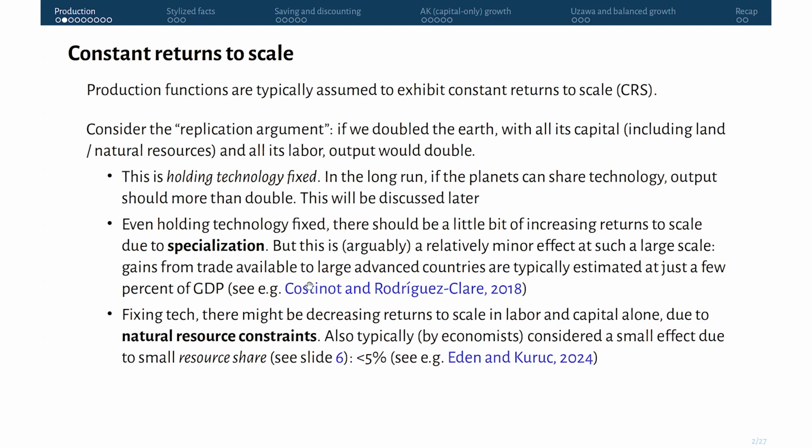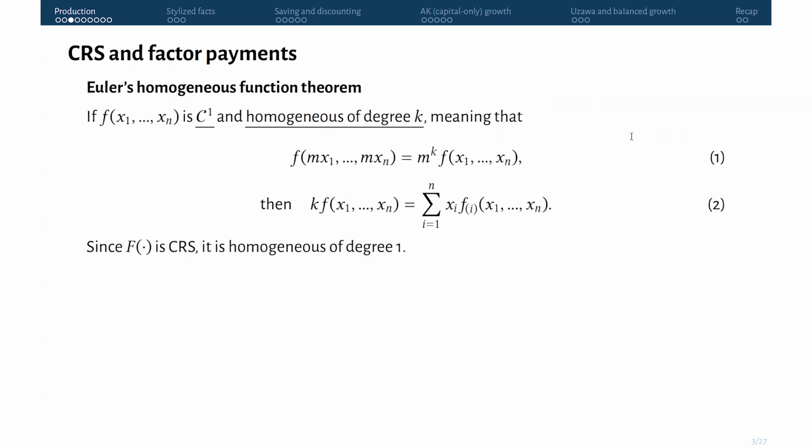And so if you think that these two effects roughly cancel out, then CRS is a decent first approximation to aggregate production as a function of labor and capital, or at least accumulable capital. Now, a really nice feature of assuming constant returns to scale is that it provides us with an easy answer about who gets paid what.